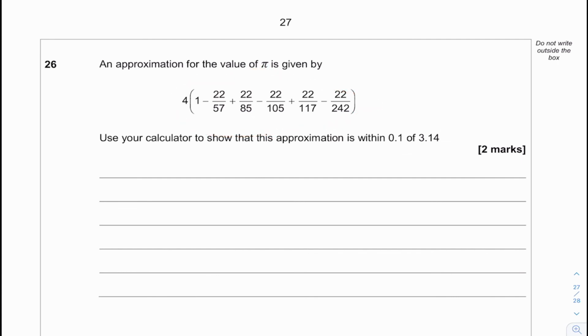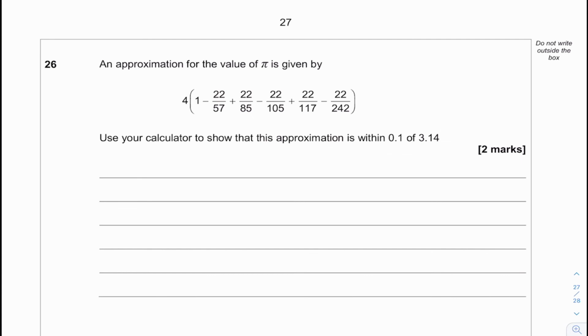So the way I'll do it is I'll put 4 multiplied by open brackets, then inside the brackets 1, take away 22 over 57 plus 22 over 85, and then take away 22 over 105 plus 22 over 117, and then take away 22 over 242.